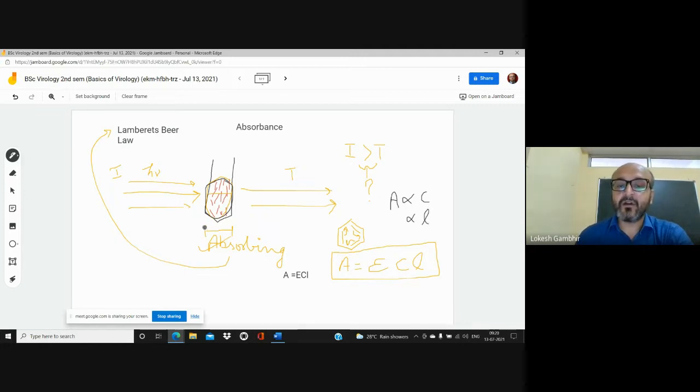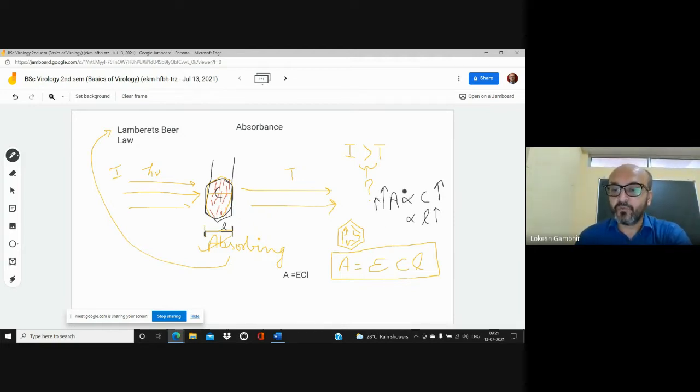The length occupied by the solution in which the light is traveling. So this is L and this is the concentration. Higher the concentration, higher is the absorbance. Larger the length, that means longer distance traveled in that solution, higher will be the absorbance.